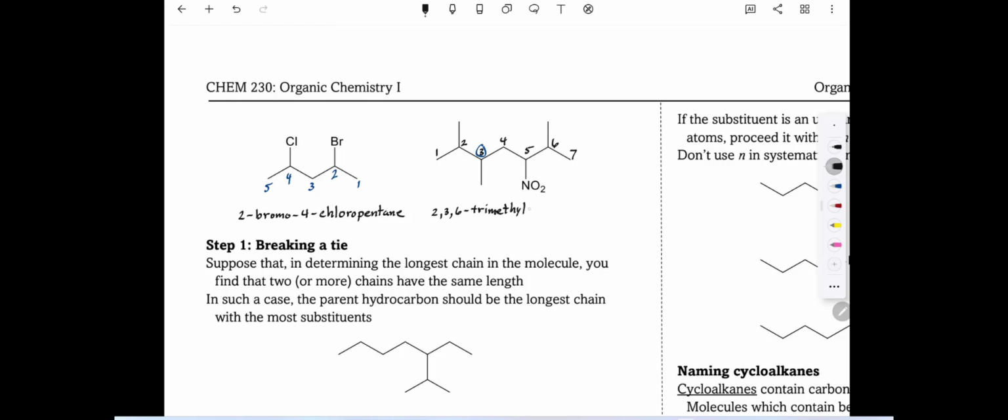And then we have the single nitro group on carbon number 5. So that would be 5-nitro. And the parent is, with 7 carbons, heptane. 2,3,6-trimethyl-5-nitroheptane.